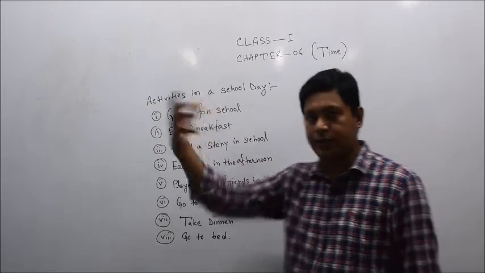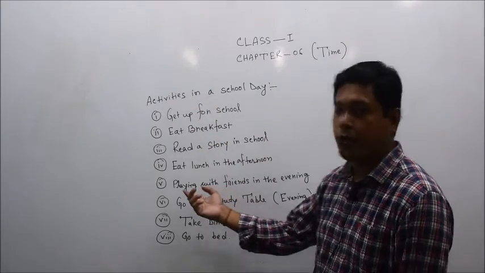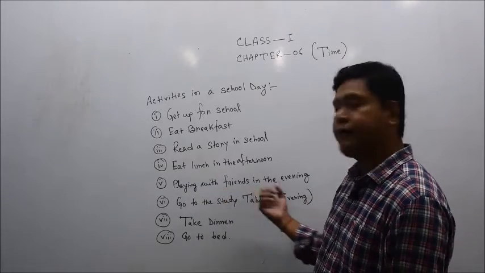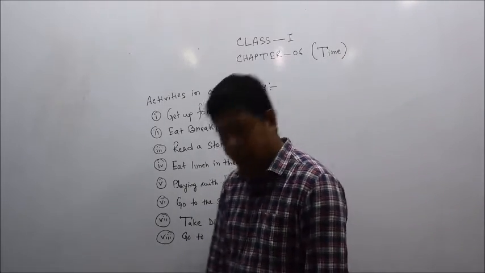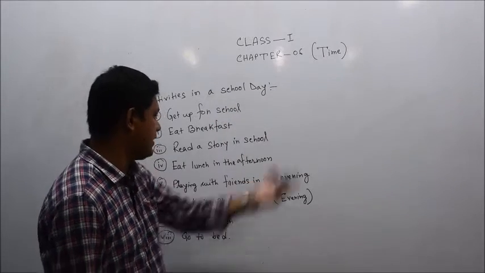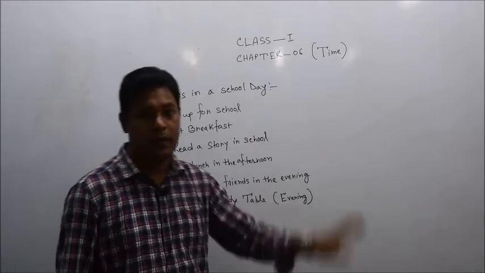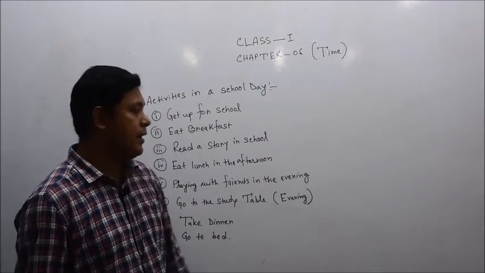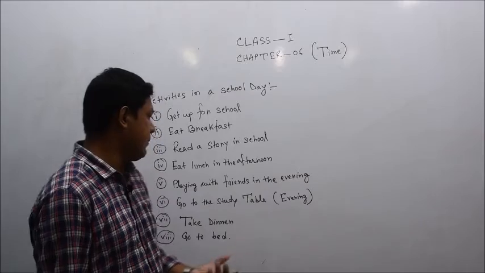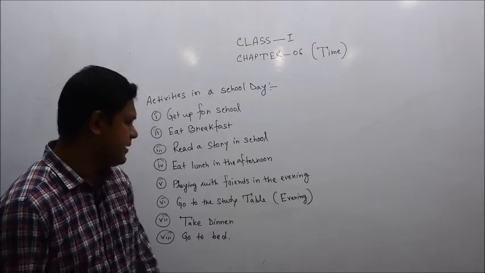And after returning home in the evening, we usually go to play with friends, isn't it? Generally we go to play in the evening, because in the morning or during the day, whenever school is open, we cannot go, because at that time we have to do our school activities and study.